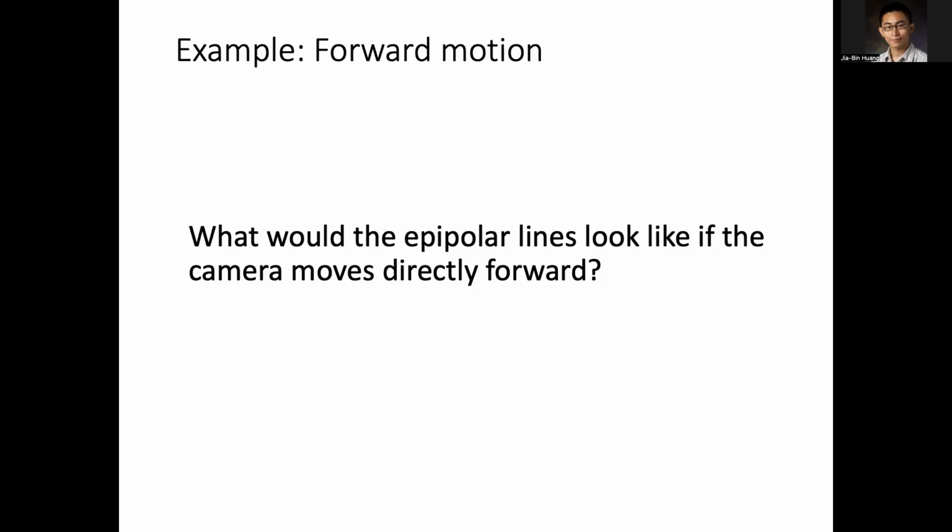If I move forward, what's the projection of the second camera onto this one? It will probably be at the center, right? So what does the epipolar line pattern look like if the epipole is at the center? Remember, all the epipolar lines will pass through the epipole. Any idea?